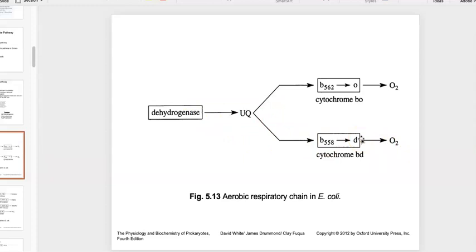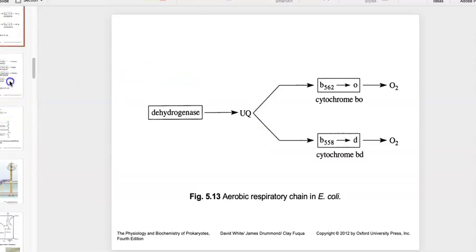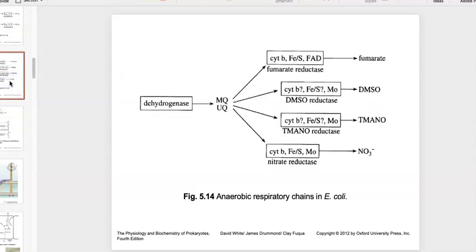So again, it shows you the versatility of a microbe like E. coli, being able to use different cytochromes depending on oxygen concentrations. Another highly versatile microbe is, I skipped ahead of myself. This is the anaerobic respiratory chain.